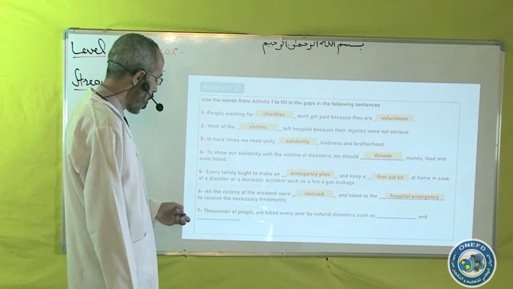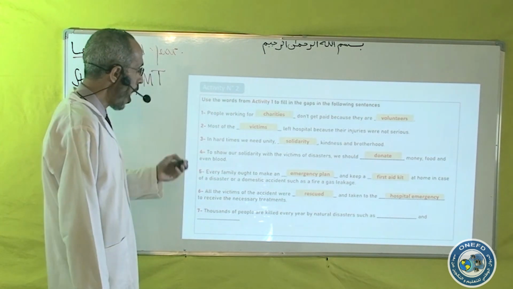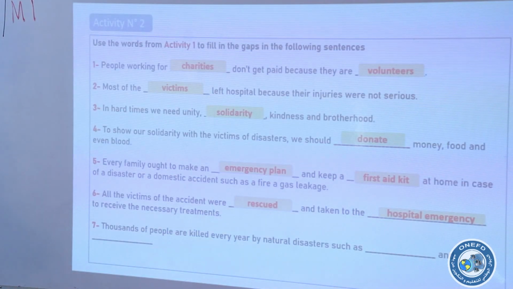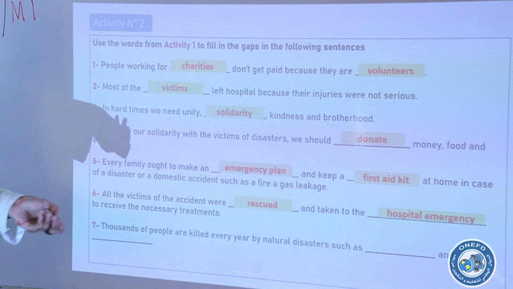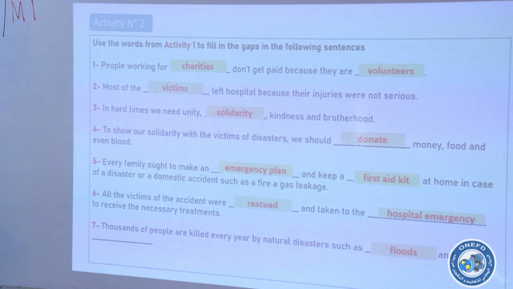Number 7, thousands of people are killed every year by natural disasters such as floods and earthquakes.